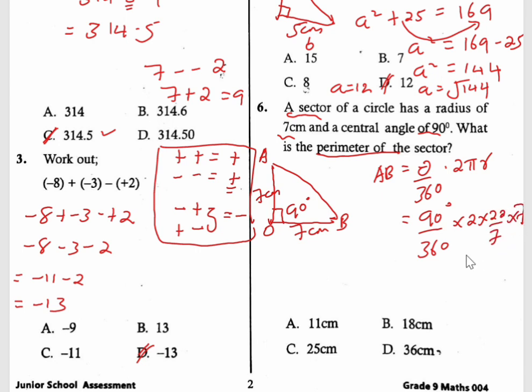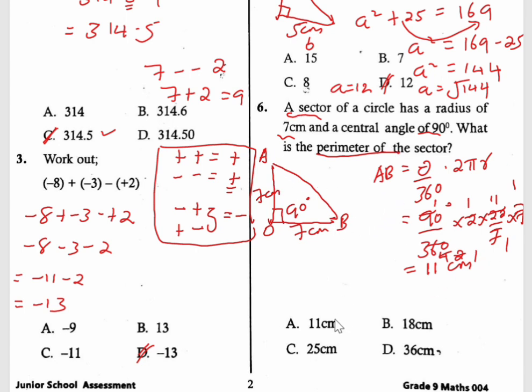So when we simplify, 1 by 7, 1 by 90, 1 by 4, 1 by 2, 1 by 2, we get 11. So the arc length from A to B is 11 centimeters.